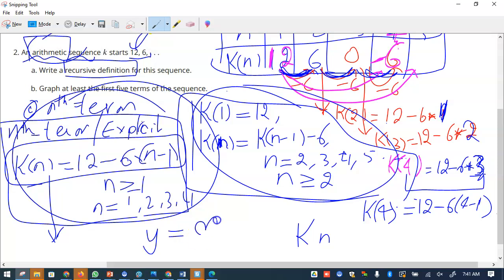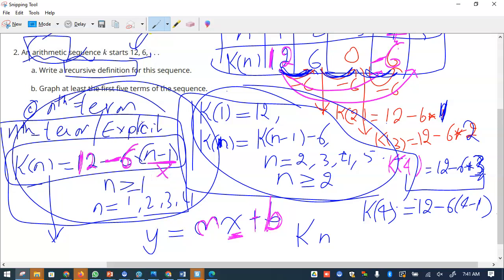This is recursive, this is explicit, very similar to the one that you did in Algebra 1, which is y equals mx plus b, where in this example the b is like a y-intercept. So that's where it starts. This is that b, and the m that you see here is the slope. That means you're going down by 6, and this n minus 1 is x.